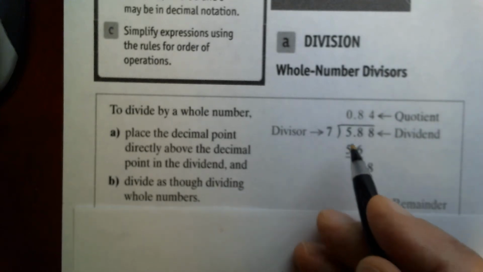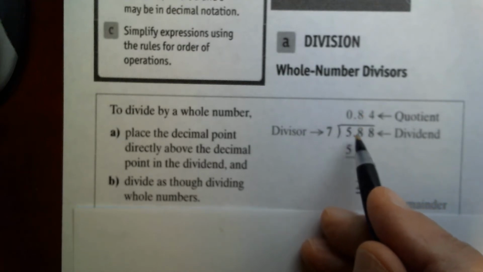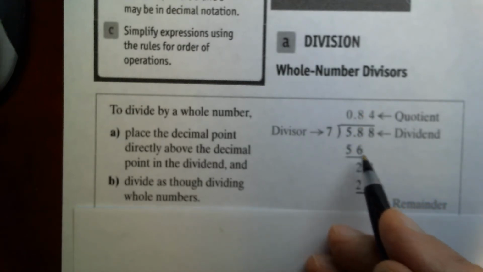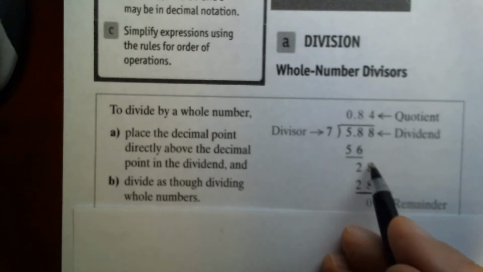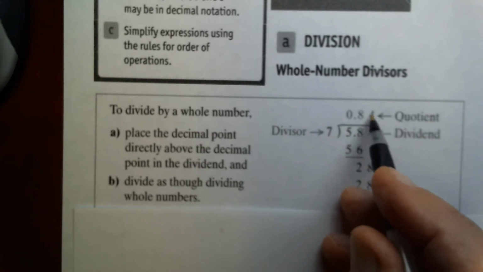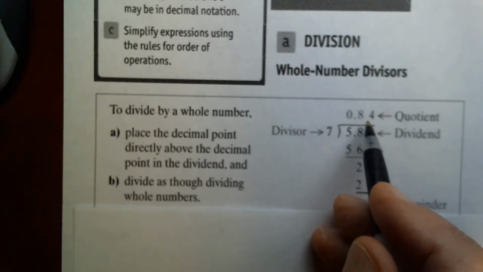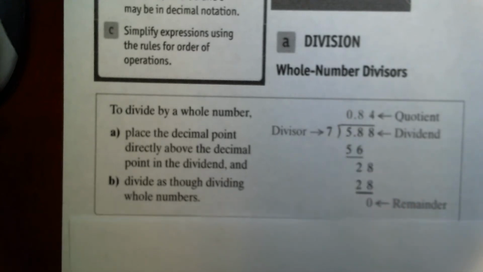So in other words, we divide 7 into 58, which is 8 times, and 7 times 8 is 56. We subtract, the remainder is 2, we bring down the 8, then 7 into 28 is 4 times. So 4 times 7 is 28, we subtract, and we have a remainder of 0. So the quotient is 0.84.